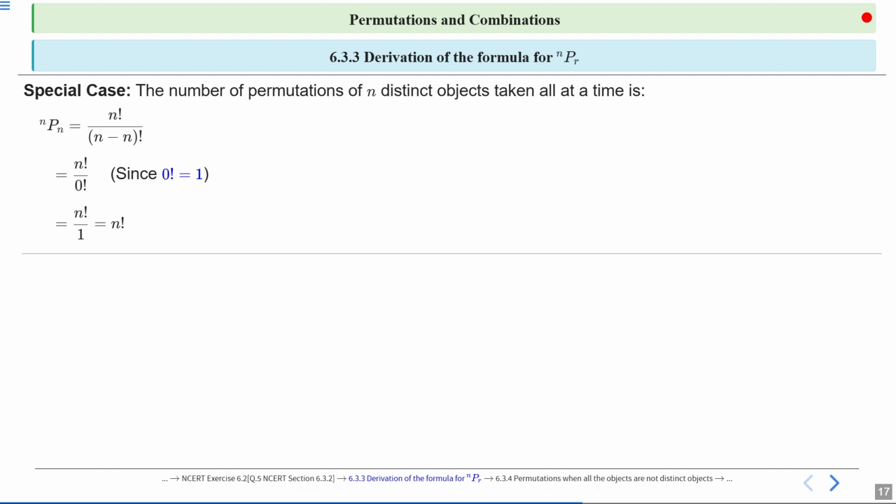So nPn is equal to n factorial. That means the number of permutations of n distinct objects taken all at a time is n factorial. I hope this special case is clear to all of you.